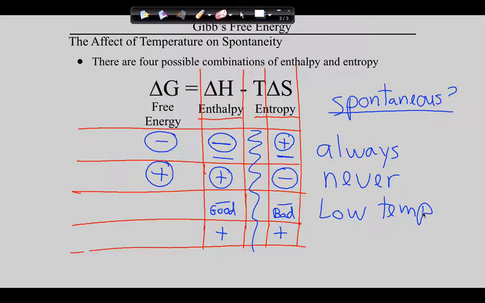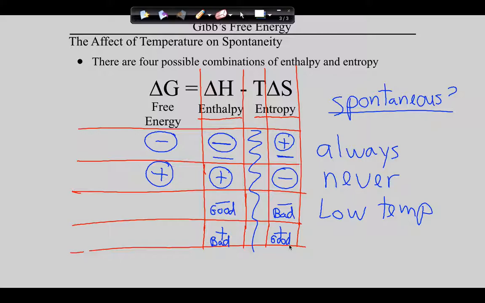Now guys, let's look at the other one. What about a positive delta H? Does that favor spontaneity? No, that's taking in energy. Now this is bad. What about a positive delta S? That's good. That does favor spontaneity. Now guys, the $10,000 question becomes, when would this be spontaneous?